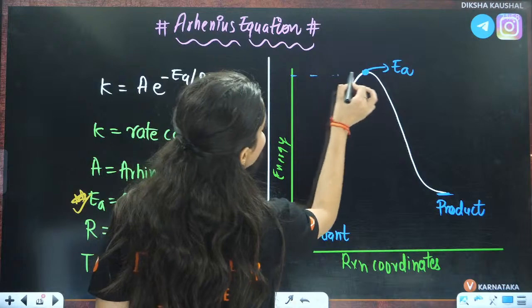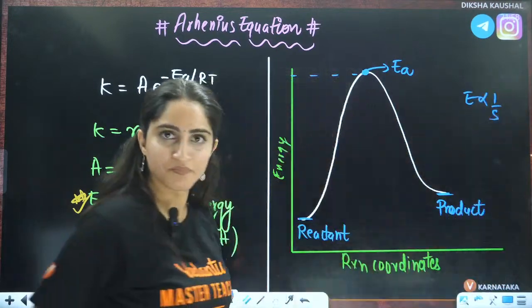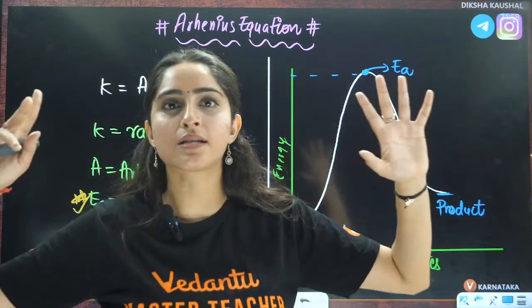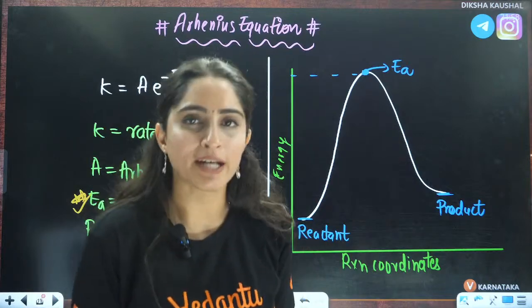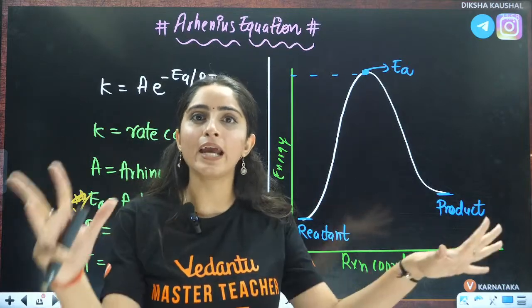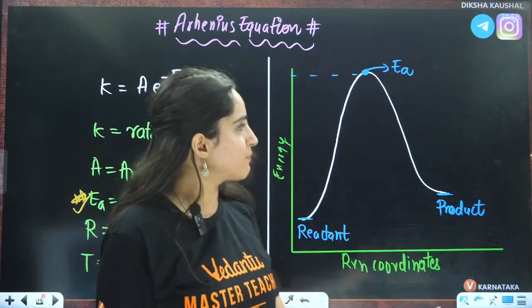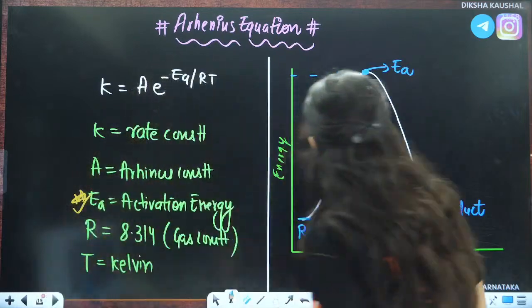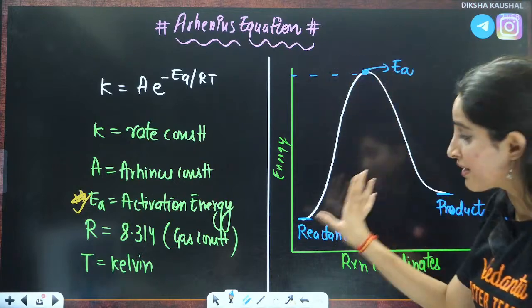Now, we know that in chemistry, energy is inversely proportional to stability. If my energy is very high, I am like crazy, so my stability is low, I am not sitting somewhere. If my energy is very low, I'll just lie down. Similarly, energy is inversely proportional to stability. Here the intermediate state has the highest energy among reactant and product.